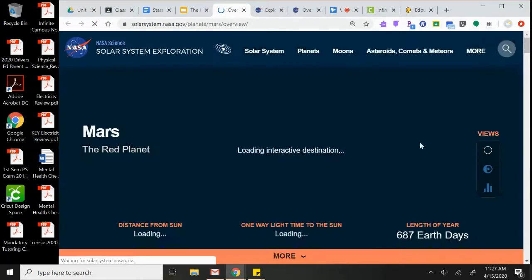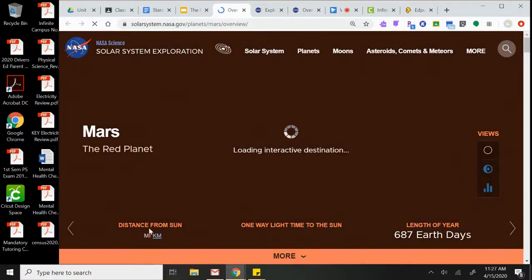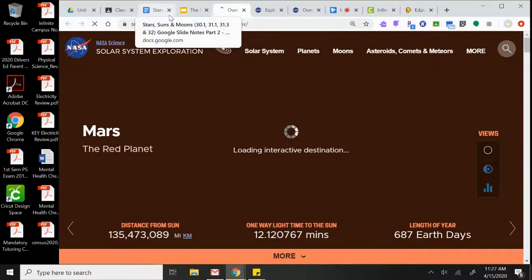It gives you some cool information about the distance that it is currently from the sun. It'll give you some more information about the core. And it does take a little bit to load up, so be patient with it loading. It will give you some cool background information, just like it did with Mercury.